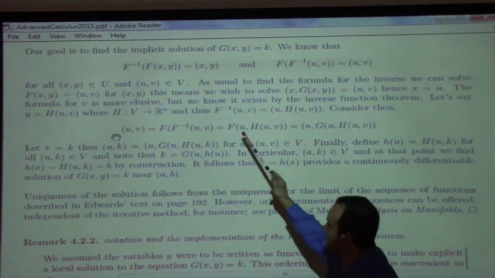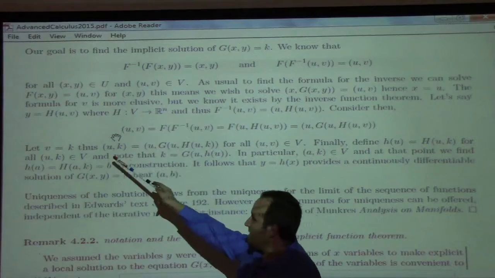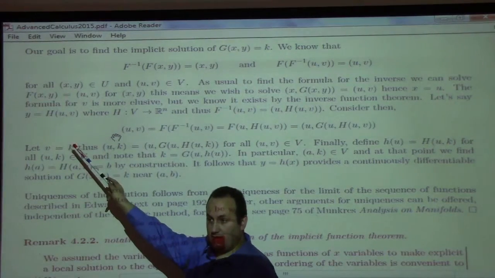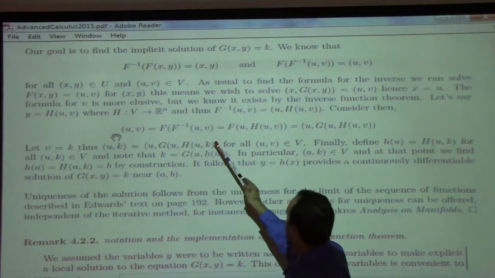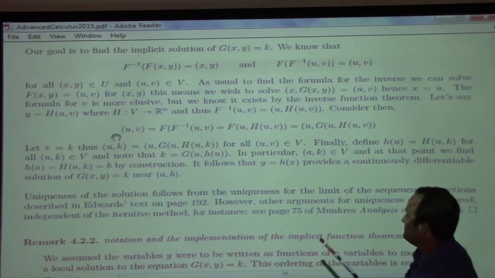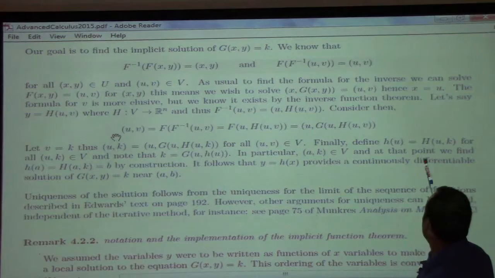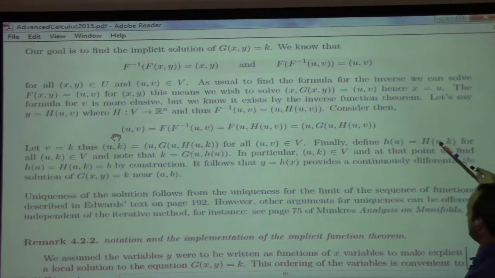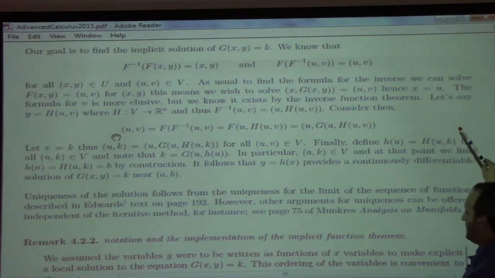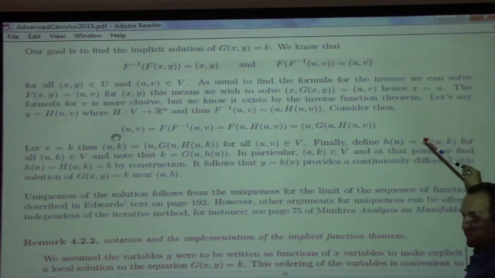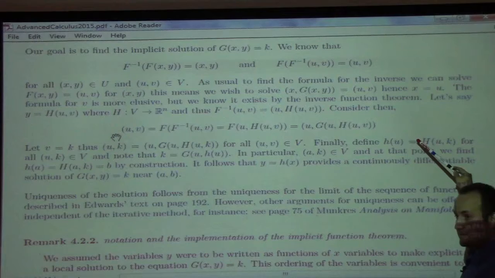That's equal to v. But if you let v equal k, then there you have it. The h function is in fact the solution you're looking for. So you have the u variable, and little h is big H of u, which is fixed, and there's your local solution.